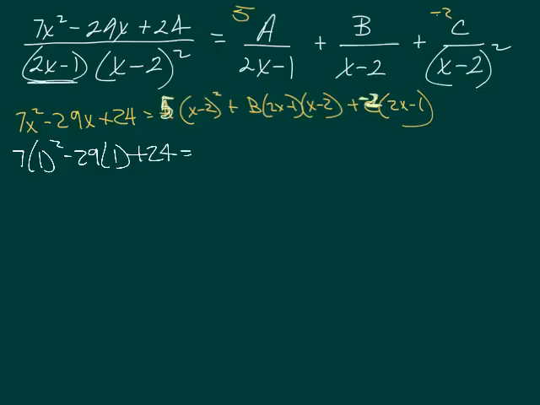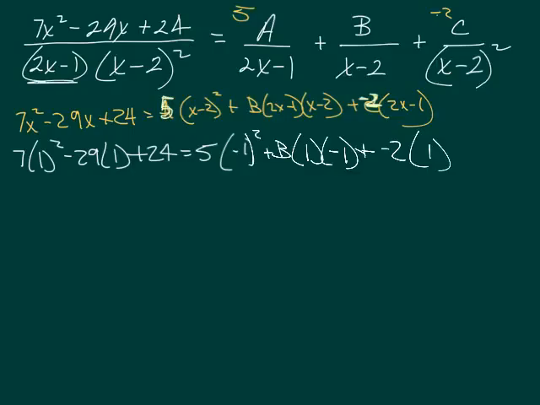So notice it made life easier there. It makes this a negative 1. And that'll be a b. And that'll be 2 times 1 minus 1, which is 1. 1 minus 2 is negative 1, plus negative 2 times 1 is 2, minus 1 is 1. So see how it made it a lot easier?